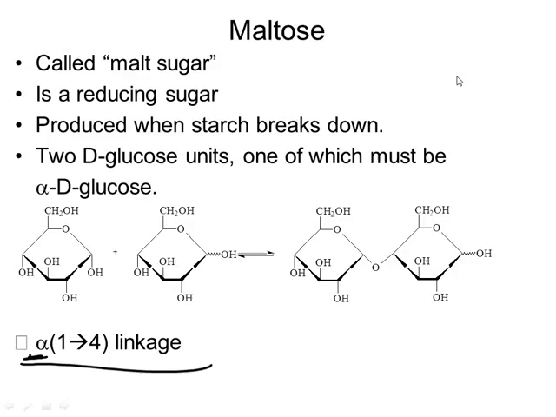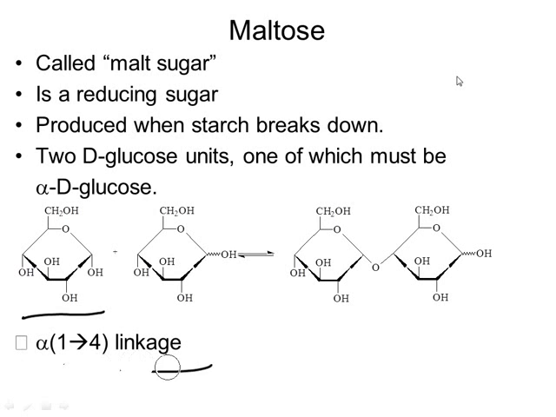The alpha or beta is involved because the hemiacetal carbon here has to be involved, otherwise it's not really a glycosidic linkage. And this hemiacetal carbon, because it wasn't chiral in the open chain form, is chiral in the closed ring form.